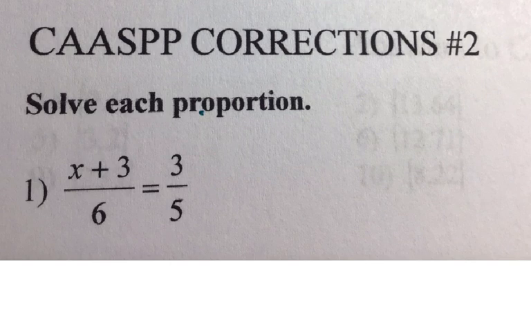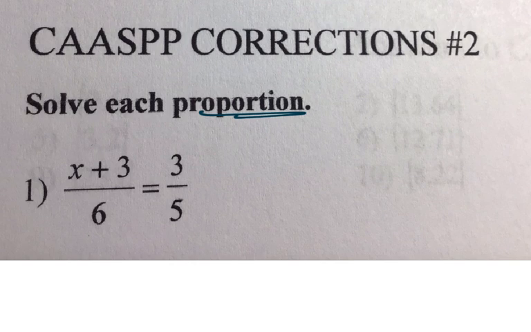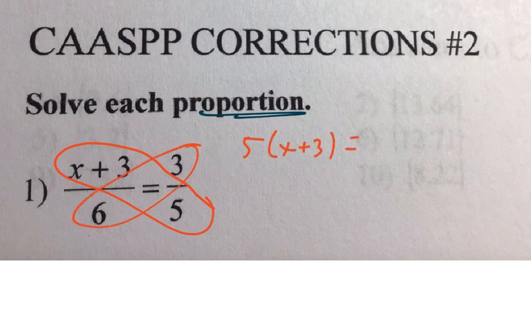So, guys, how do you solve a proportion? You cross multiply, right? Some would also call it the butterfly method. So I'm going to take 5 times x plus 3, and that's got to equal 3 times 6.